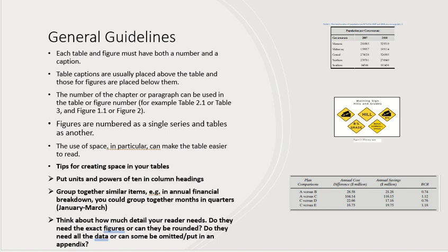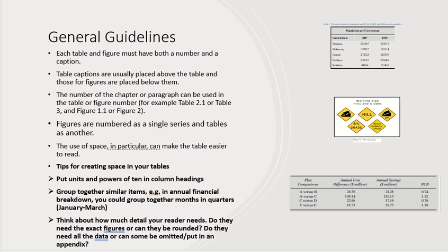If you have another table in chapter 3, it will be 3.1, another table in the same chapter 3.2, and so on. This is a common practice, and you can do the same with figures. But I think in your reports they only do it for one of them. I forgot which one. I think for tables they use the chapter number, and the figures are continuous: figure 1, 2, 3, 4, and so on. Anyway, you can check.